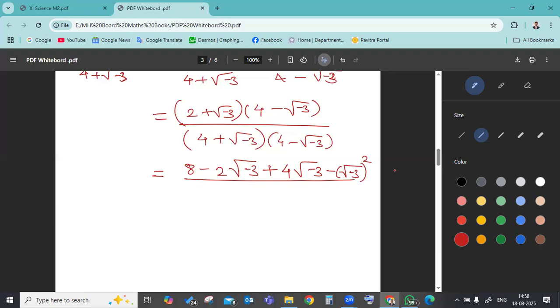In the denominator, 4 squared minus (root -3) squared.